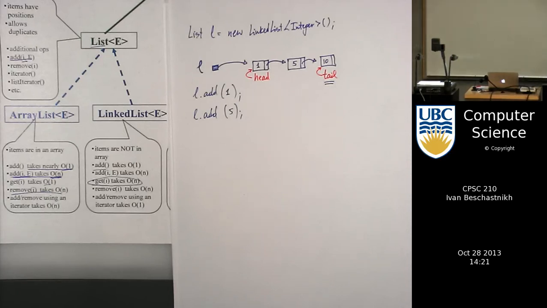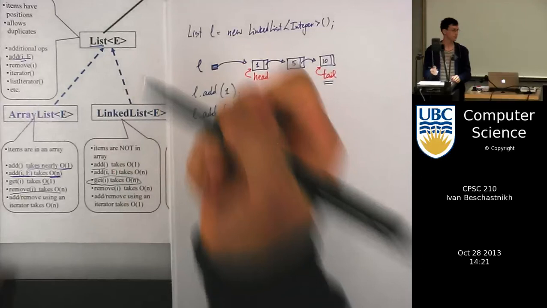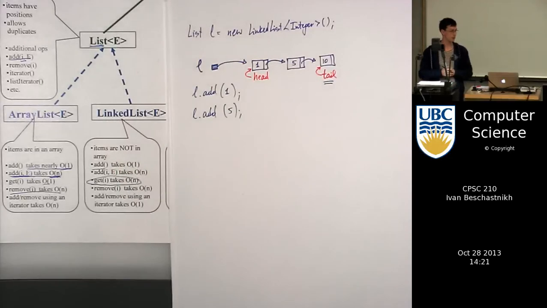Whereas in a linked list, you have to actually traverse the list and jump i times to get to the ith location. So a different implementation gives you different performance characteristics, even though they implement the same exact interface, the list interface. So this implementation-level detail is useful if you care about performance.